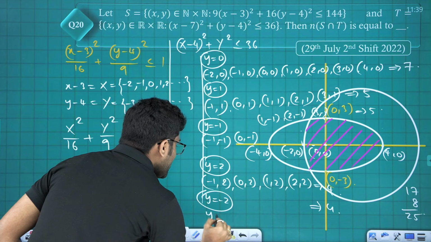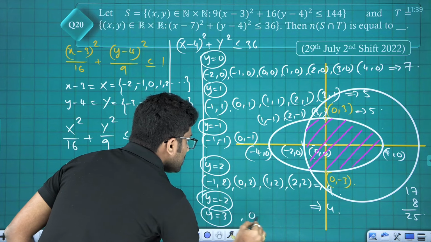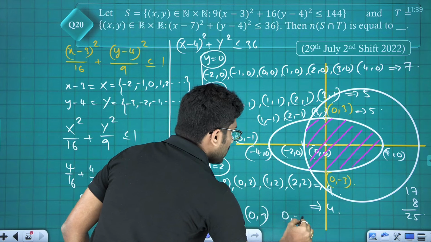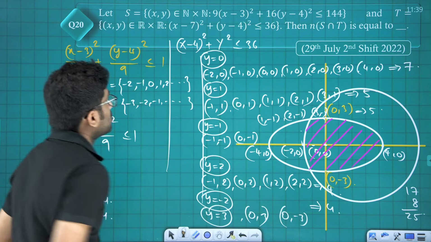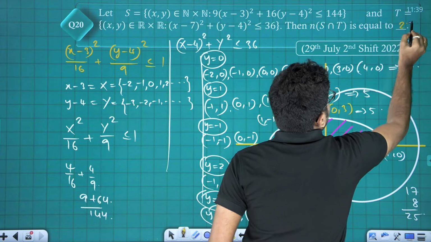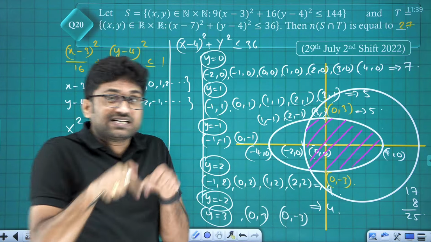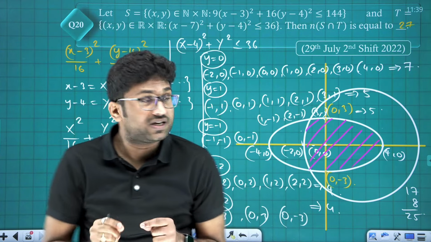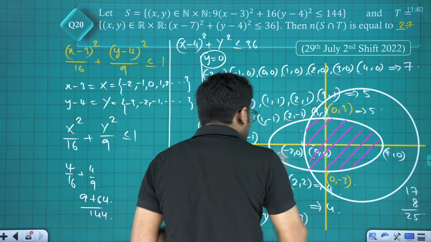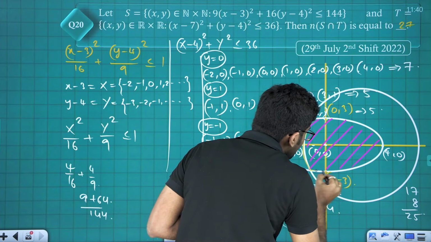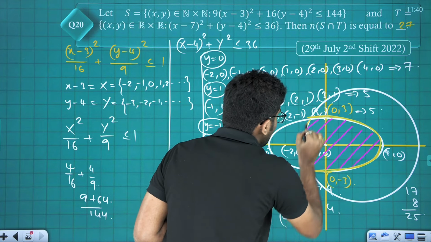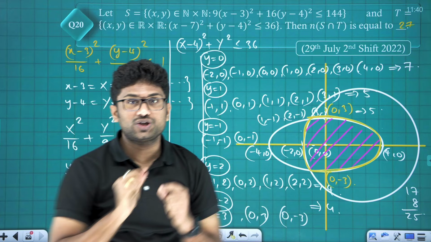Now if y is 3, we get only 0, 3. If y is -3, again 0, -3. So 25 plus 2, total 27 solutions we get, friends. That means in S intersection T with integral coordinates, we will have 27 points which lie inside this region.